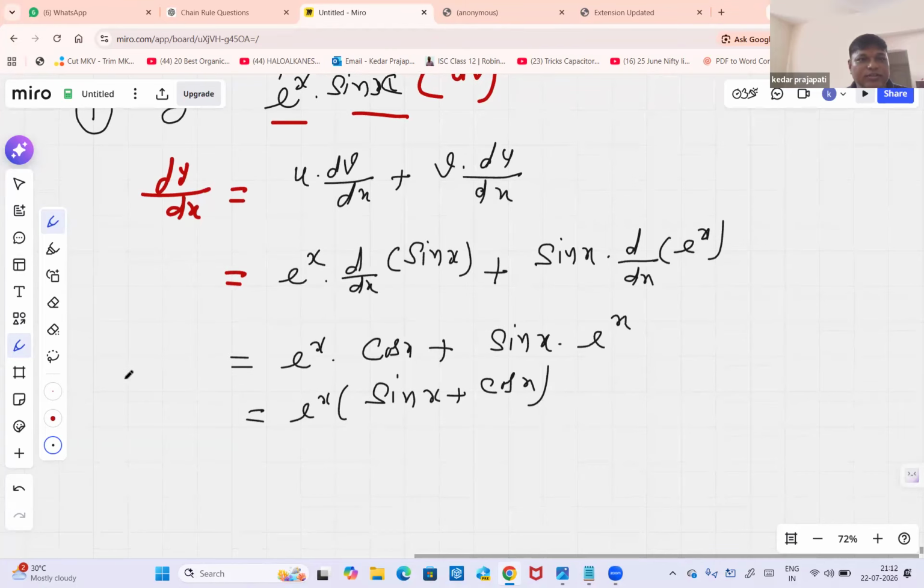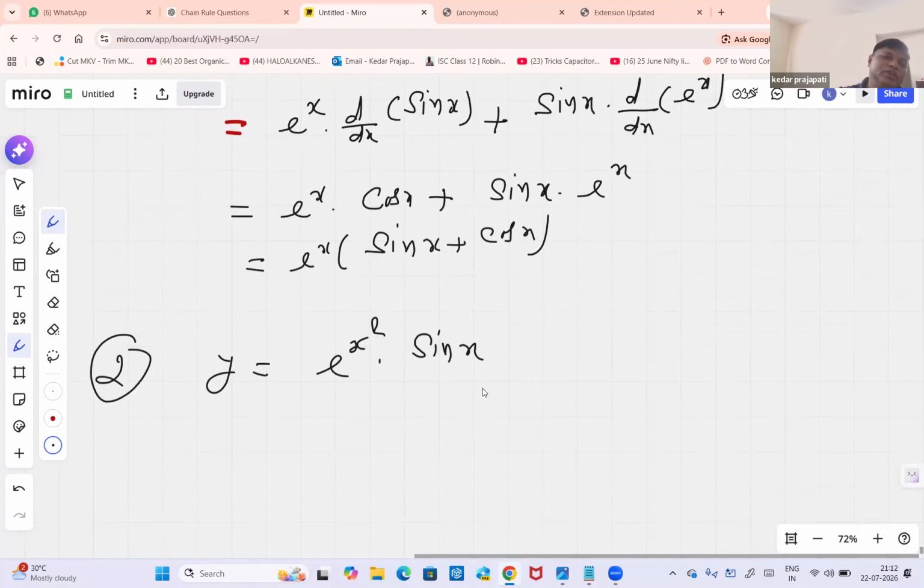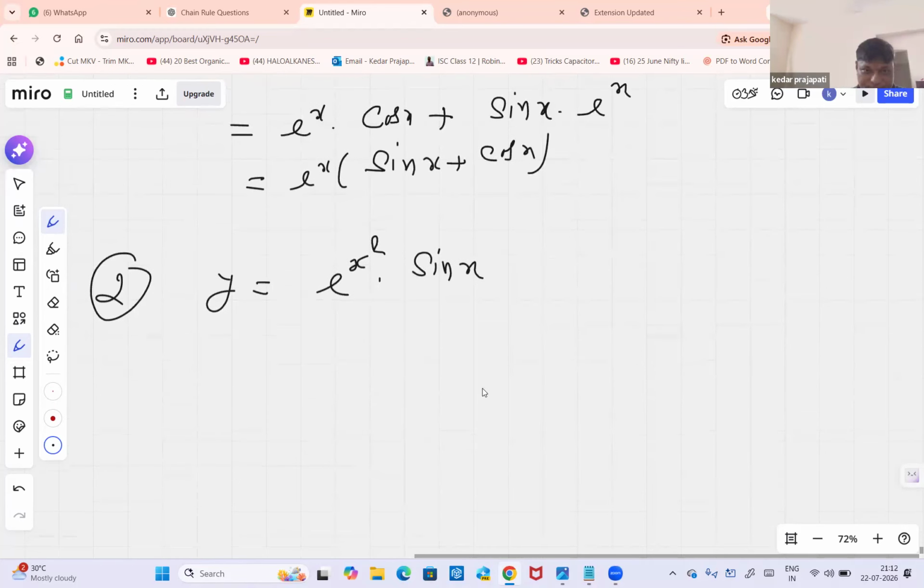Now let us solve together. y equal to e to power x square into sin x. How will we solve? You should see what it is.